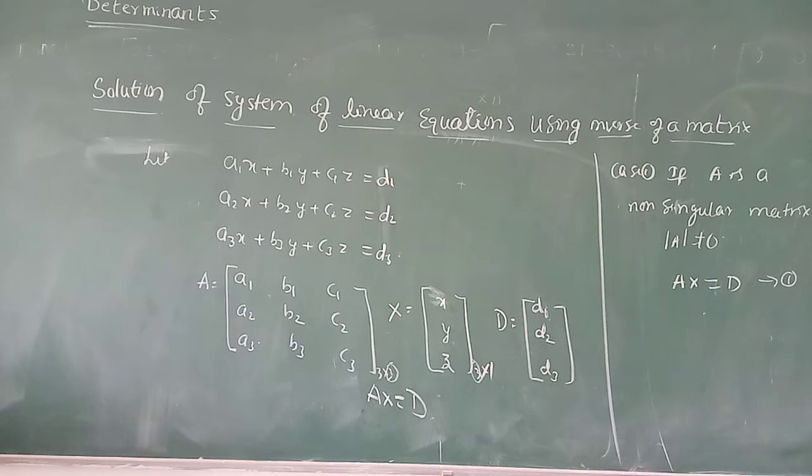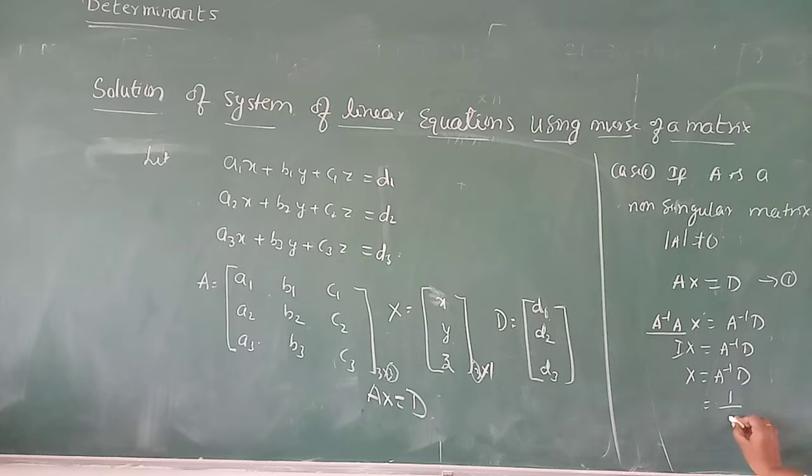Next, pre-multiply both sides by A inverse. We get A inverse A X is equal to A inverse D, and we know that A inverse into A, what we get is I. IX is equal to A inverse D. Means what we get? I into X, I is nothing but 1. We get X is equal to A inverse D. Okay. Then, what is A inverse? Already we studied.